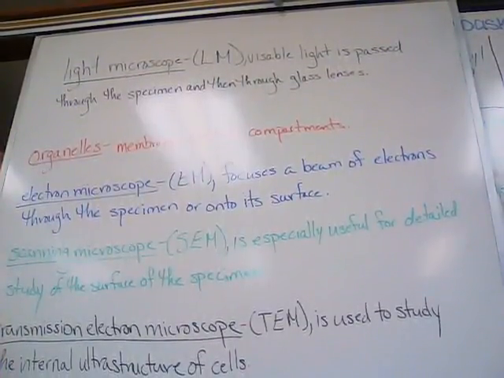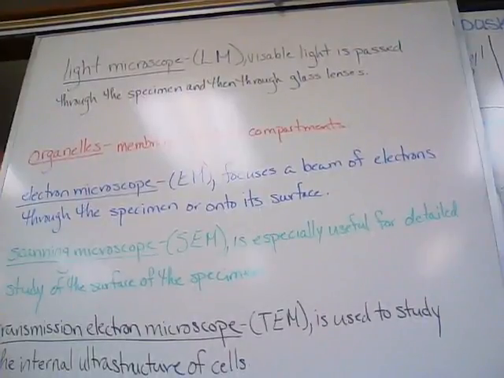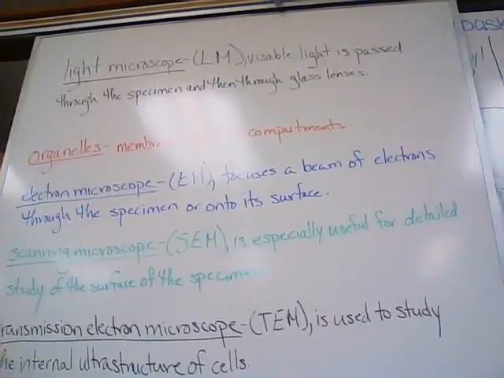Cell biology advanced rapidly in the 1950s with the introduction of the electron microscope. Instead of using light, the electron microscope focuses a beam of electrons through the specimen or onto its surface.